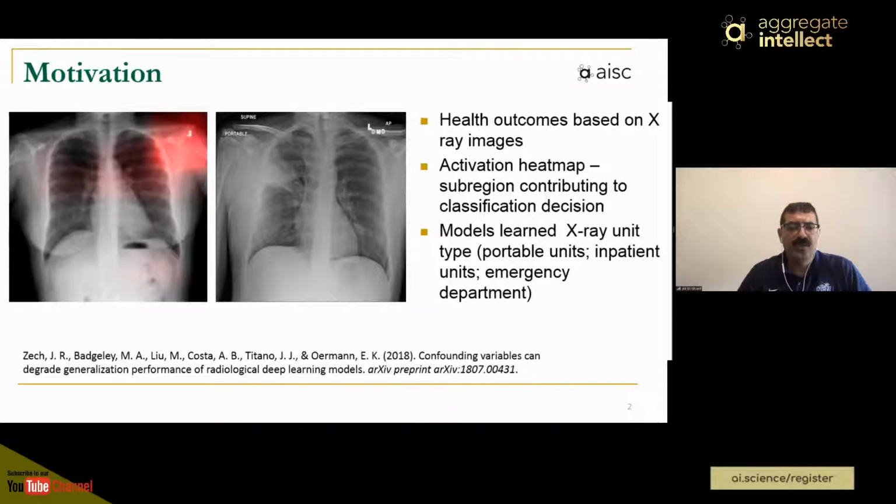What you're seeing here on the picture on the left side of the screen, where there's a red region, is a heat map indicating where the machine learning algorithm was focused in trying to make its prediction on healthcare outcome. And what it was focused on was a metallic piece at the corner of the image, and it was not even looking at the lungs.